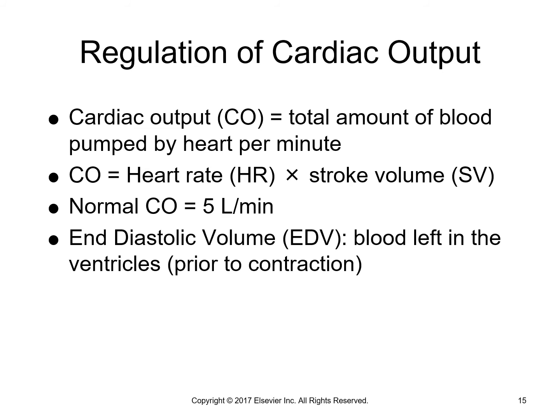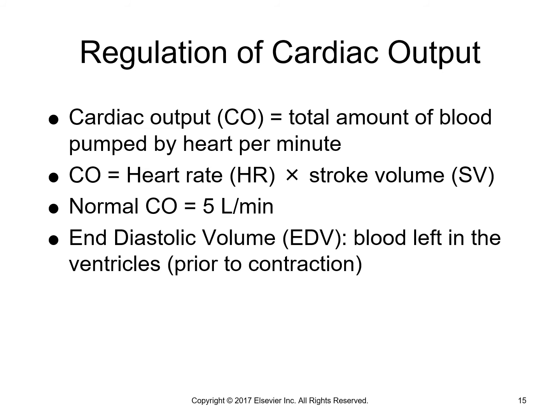Alright, so regulation of your cardiac output. Cardiac output is your heart rate times your stroke volume, and our normal is about 5 liters. Your end diastolic volume is the blood that's in the ventricles just prior to contraction. By the time relaxation, or diastole, ends, each ventricle has filled up with blood.